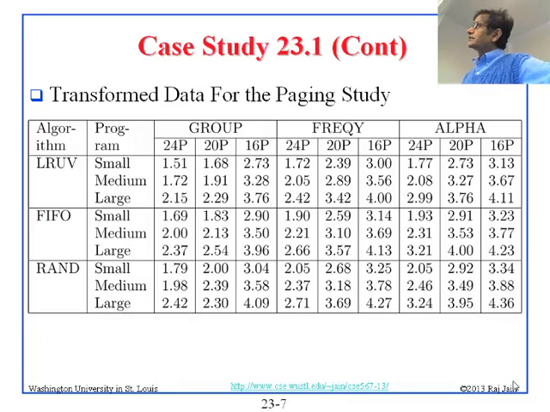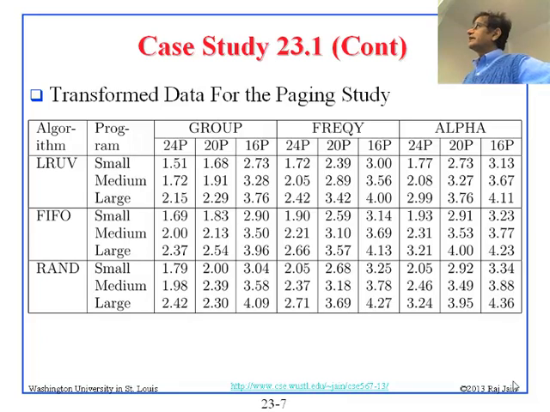For the small ones, we just add up all the things which are small. So we add up all of these numbers, they are all small, and we divide by 9.